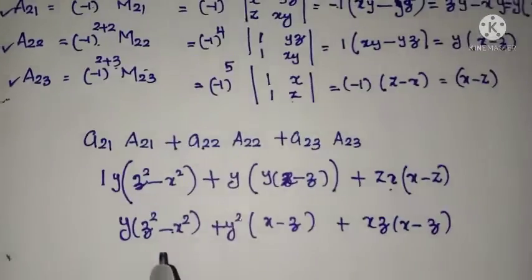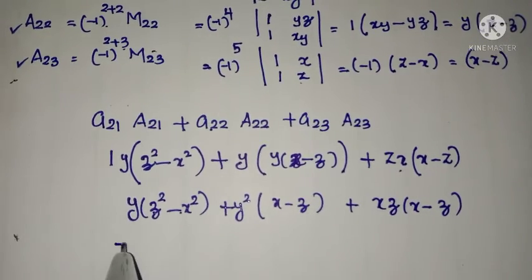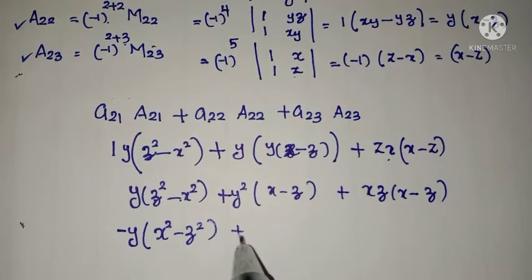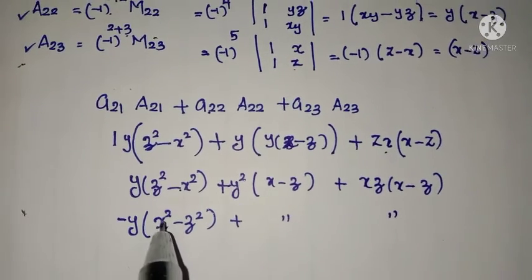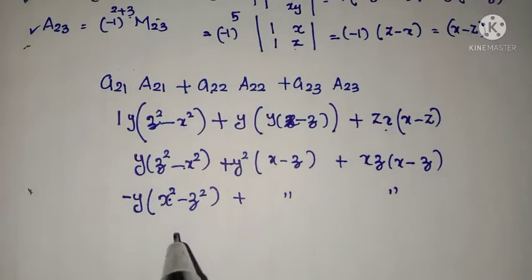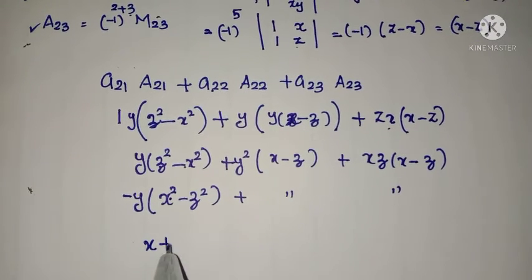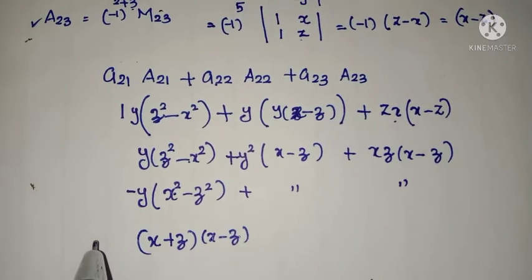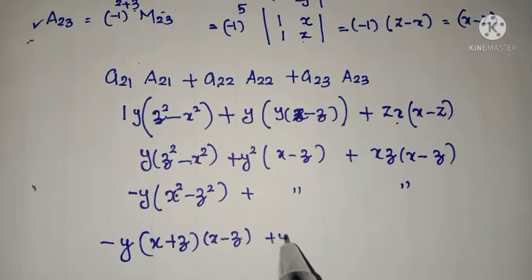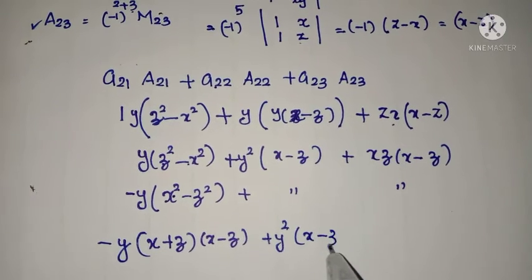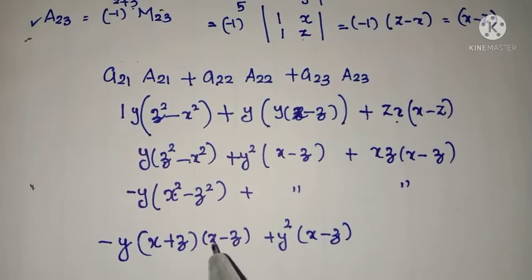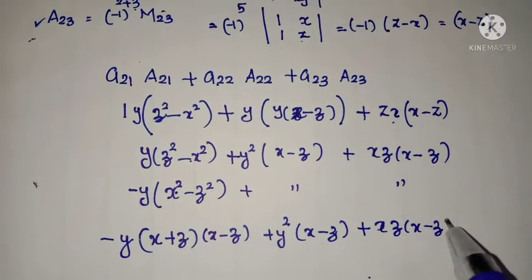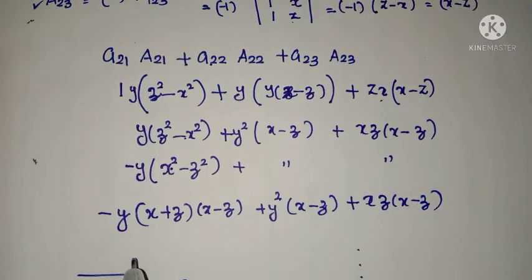Listen, this z square minus x square can be written as negative y into x square minus z square. Okay, so this x square minus z square can be written as x plus z into x minus z using the identity a square minus b square. So if we convert this into x plus z into x minus z, we can take x minus z common from these three terms.